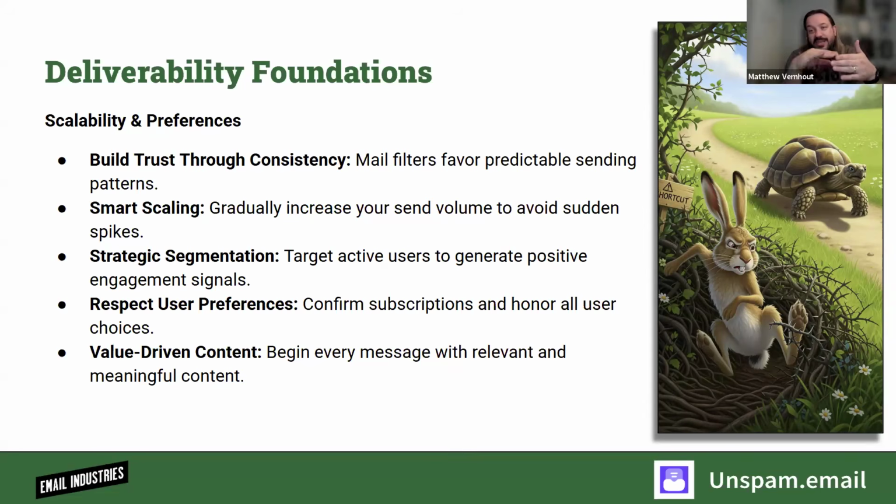There is a significant shift in filtering when they see multiples of volume overnight. It looks like something that's been compromised. So certainly consider that as we approach the holiday season.